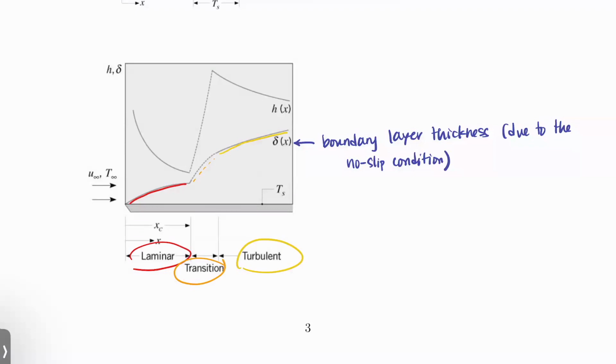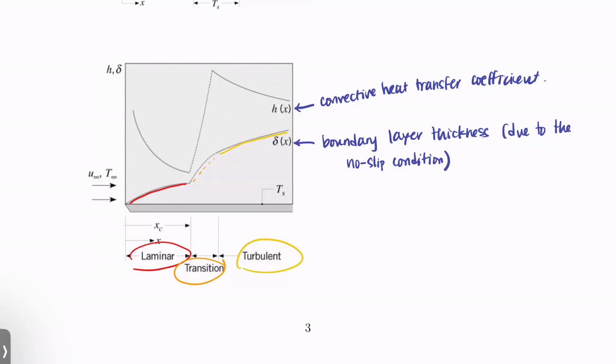And then connected to that is our convective heat transfer coefficient. So this is our convective heat transfer coefficient. And you'll notice that it does different things depending on whether the flow is laminar, in transition, or turbulent.